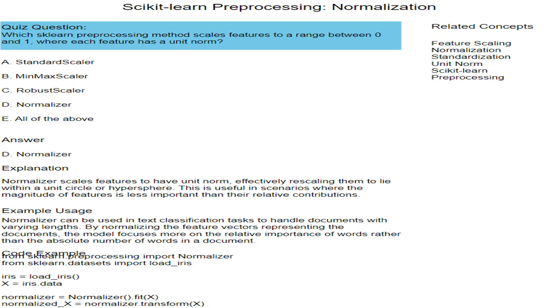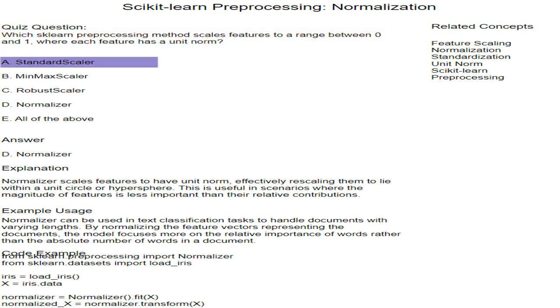Which sklearn preprocessing method scales features to a range between 0 and 1, where each feature has a unit norm? A, StandardScaler. B, MinMaxScaler. C, RobustScaler. D, Normalizer. E, all of the above.